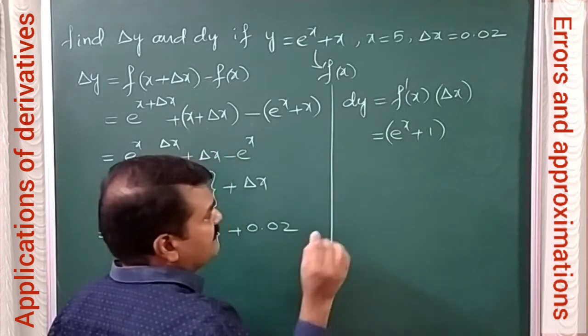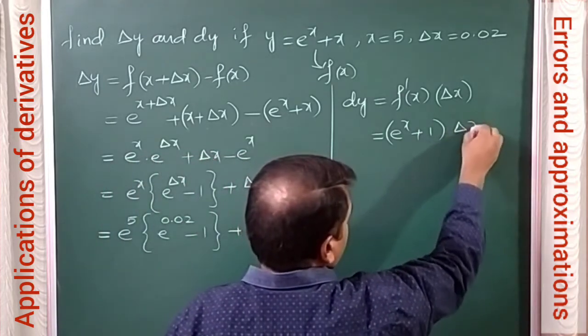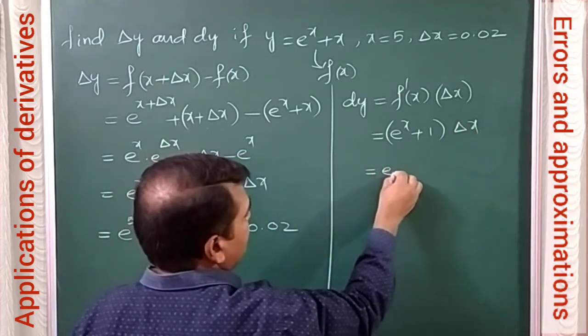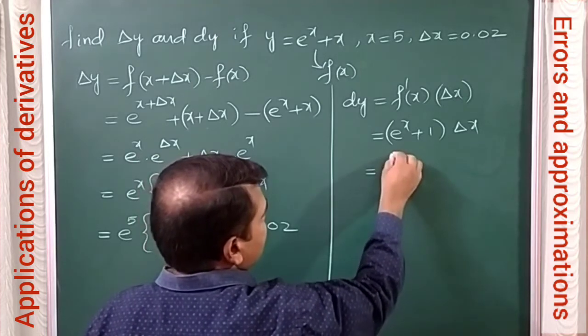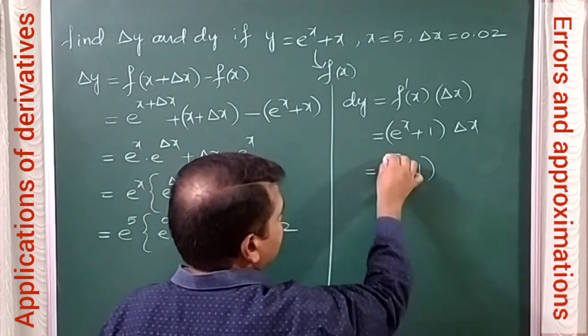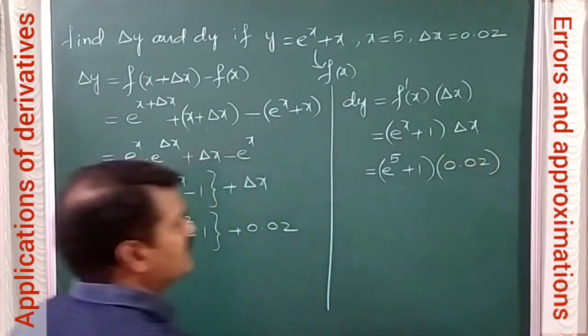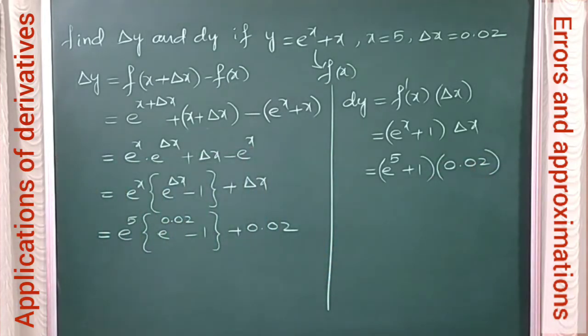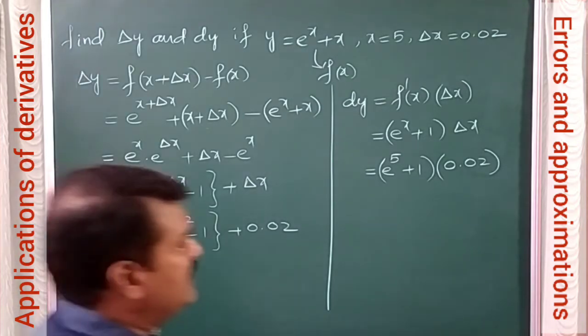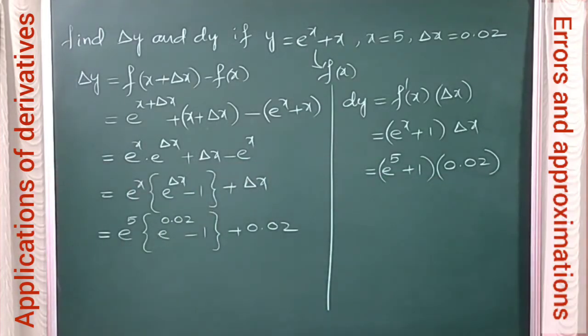So this is f dash of x into delta x. Now substituting e power x is 5, plus 1 into delta x is 0.02. So e power 5 plus 1 into 0.02. So this is the value of dy. No need of simplification. Okay.